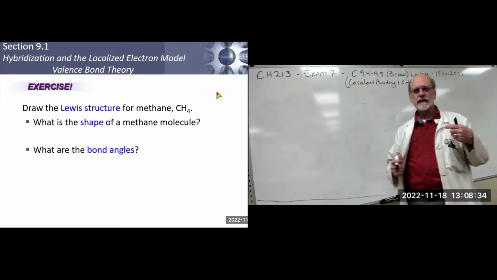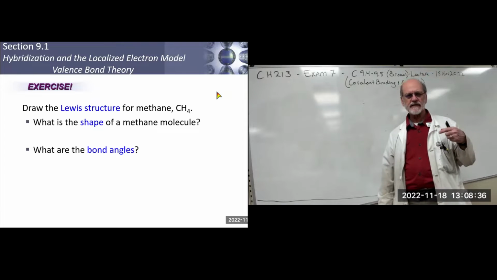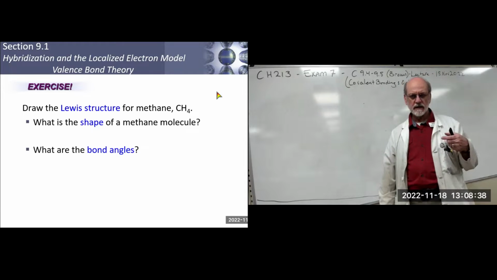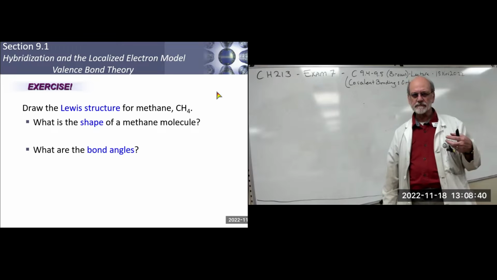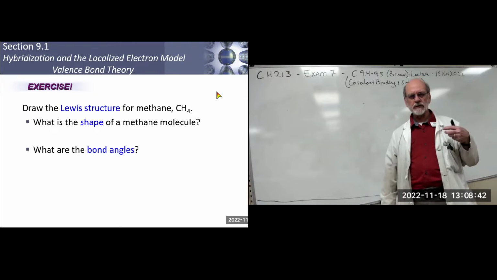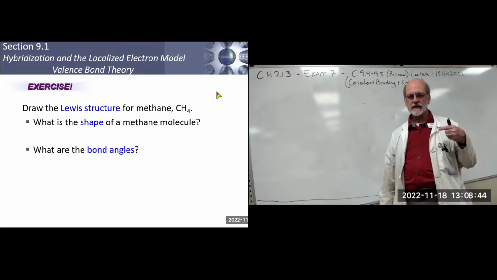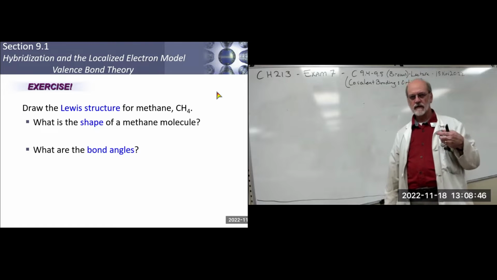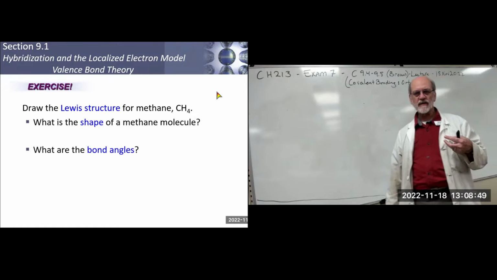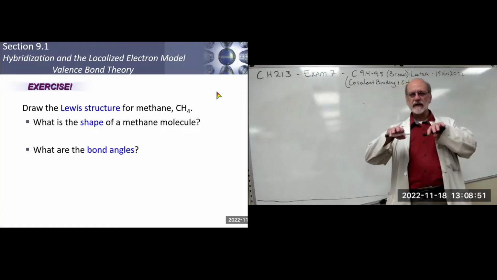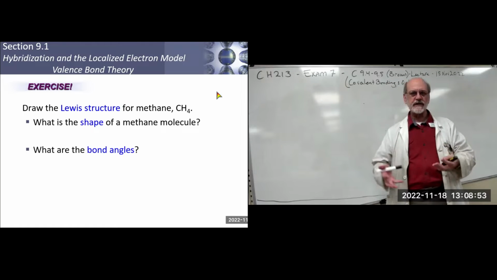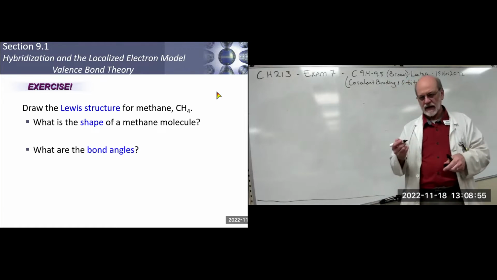So when we left off with the VSEPR model, we were able to predict the geometry of a molecule based upon the electron groups that surrounded a central atom.